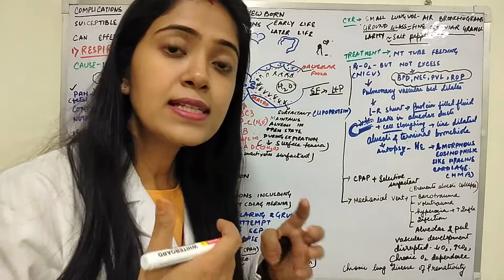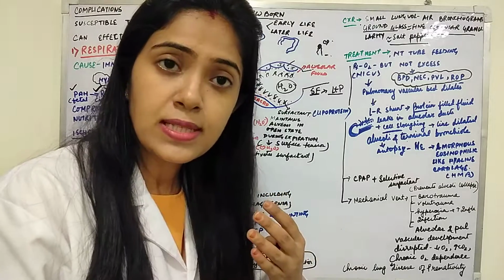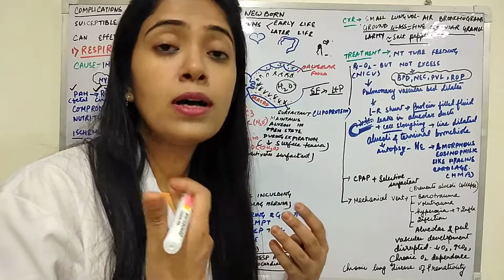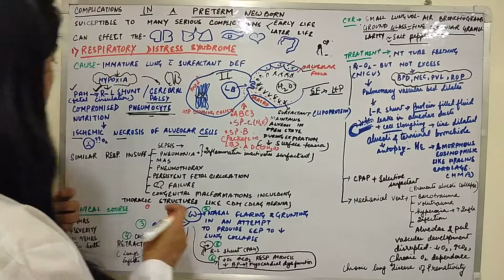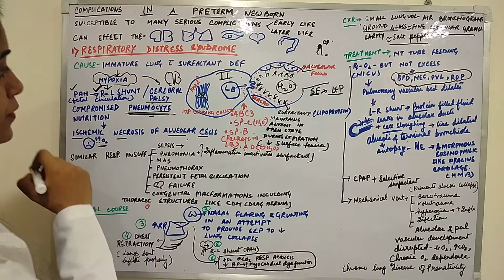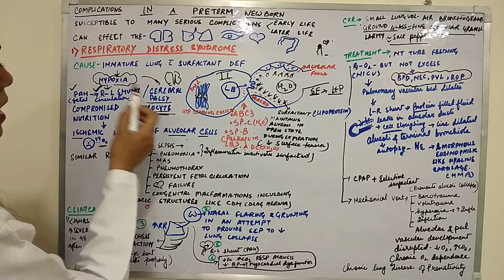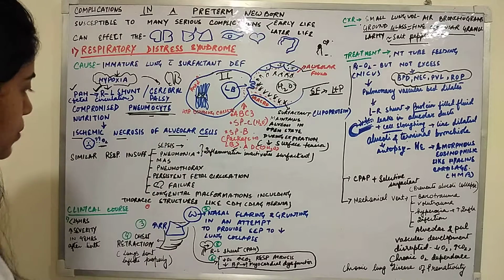They will slowly undergo sloughing. So due to hypoxia, there is necrosis of alveolar cells, and definitely associated PAH, shunting, and cerebral palsy.